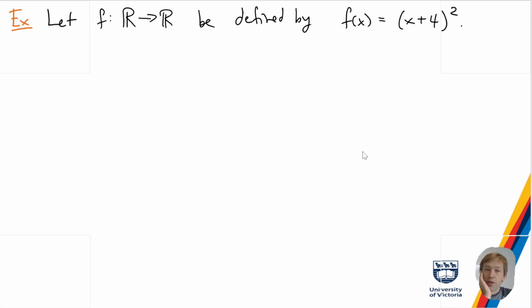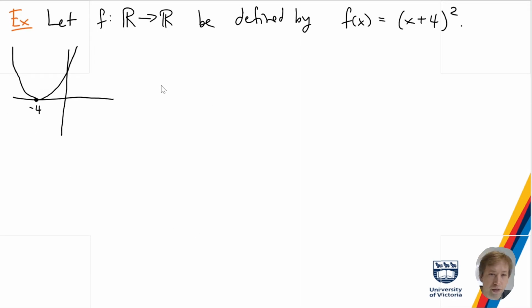I'm going to show that this is not injective, but you should be able to kind of recognize when a function is injective or not. One way is, if you have a function like this that you can plot pretty easily, so if I plot this function, at -4 it's 0, and it's a quadratic function. It has only one root at -4, so it kind of goes like this.